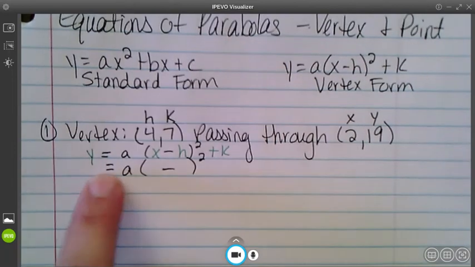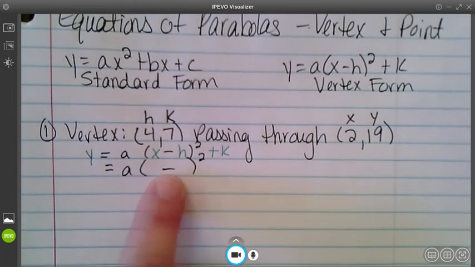So of course the equal sign stays, the A stays, the parentheses, the minus sign, and the squared.